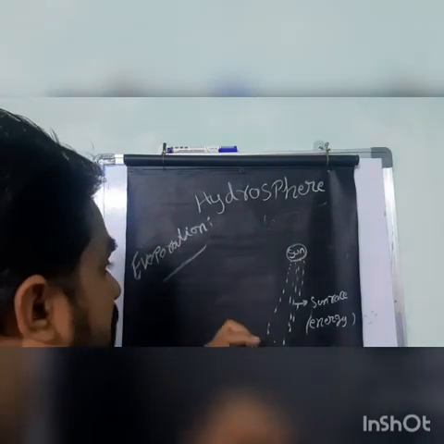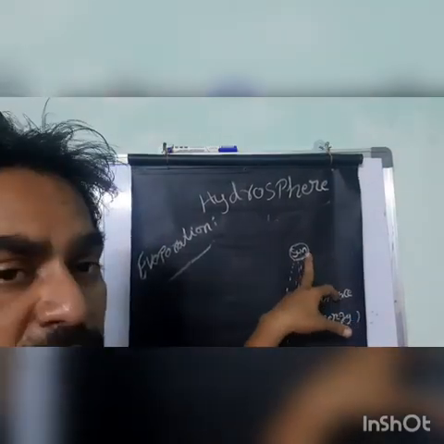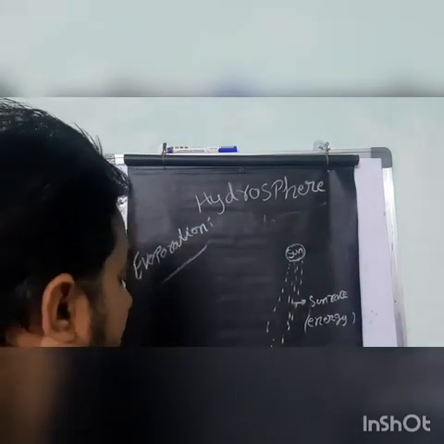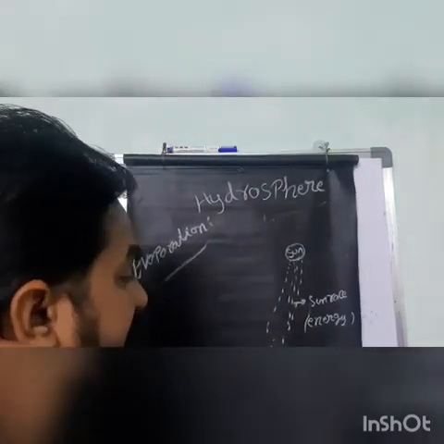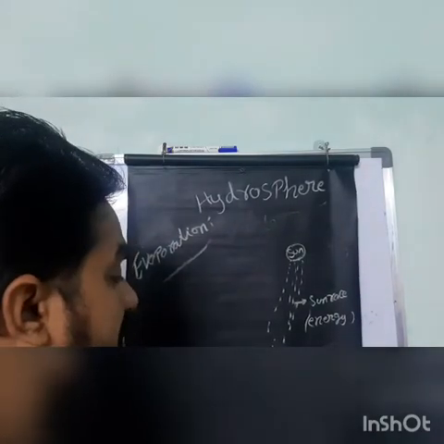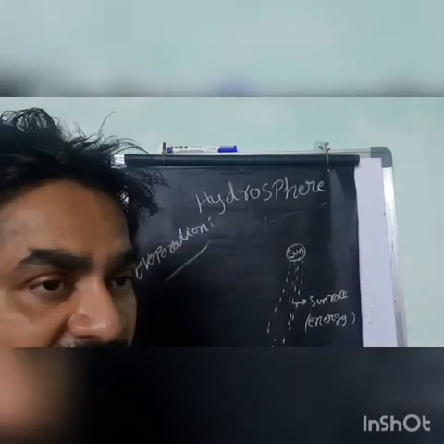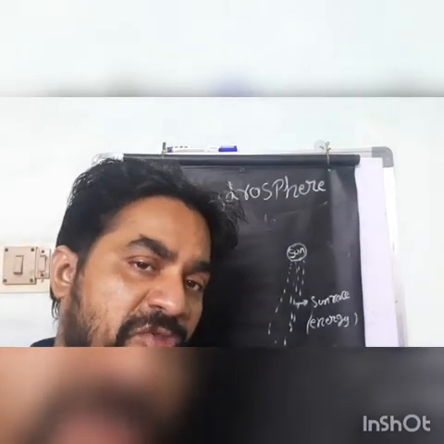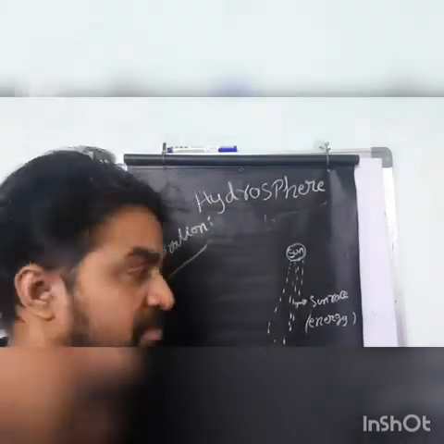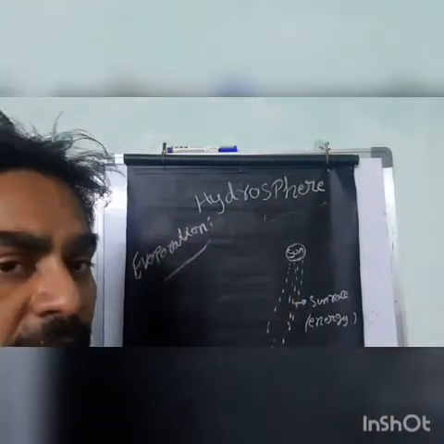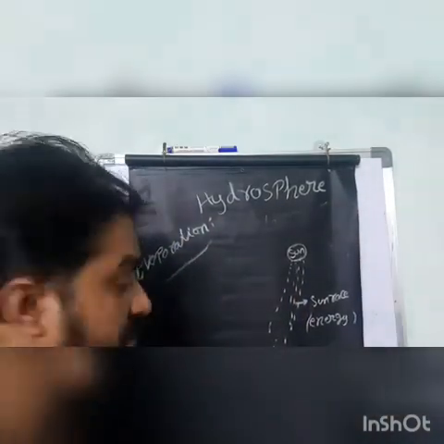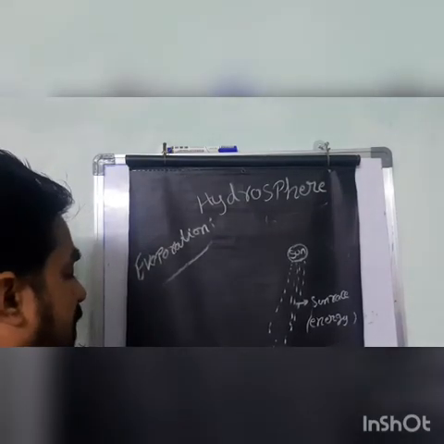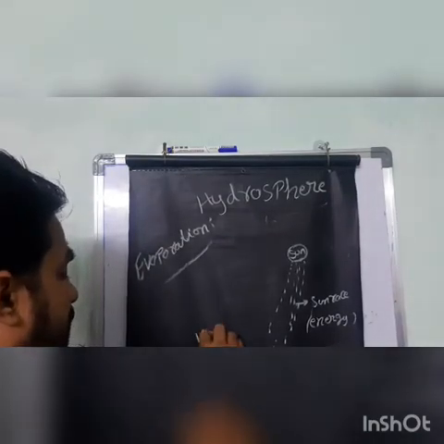See that first, due to the heat of the sun, the water found on the land in the form of oceans, rivers, lakes, ponds, even in warm-blooded animals and humans, even in the trees also. So because of this heat, the water is transferred, and it is converting into vapor.